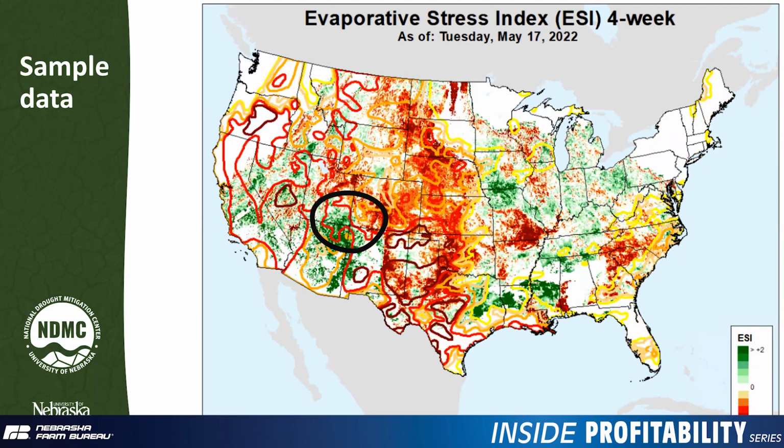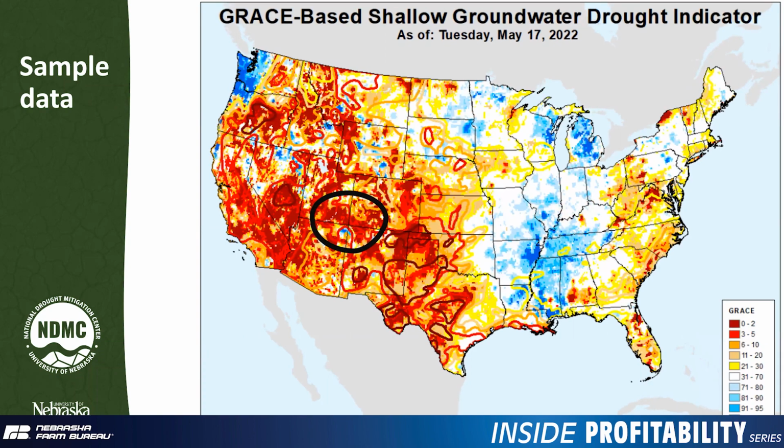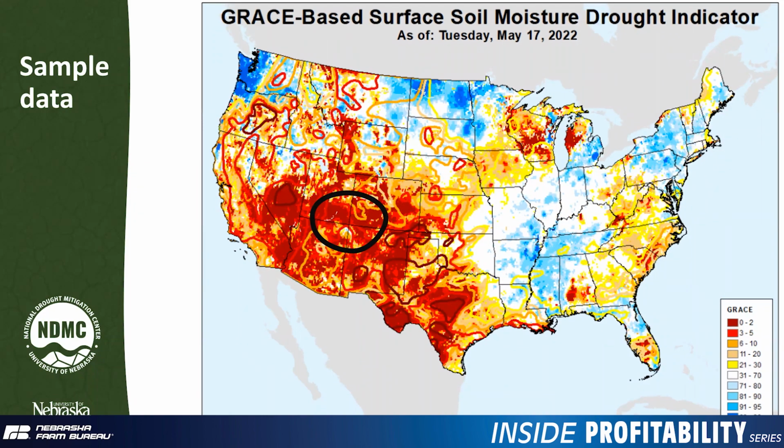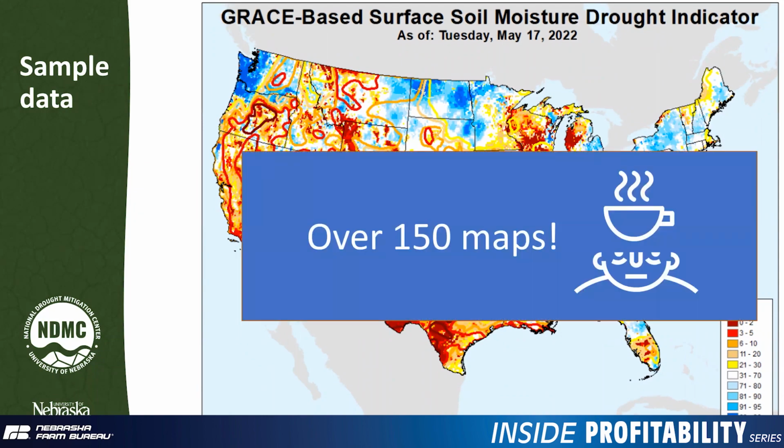Evaporative stress, another evapotranspiration-based product, and groundwater, both from in situ values from USGS, but also from satellite from the NASA product called GRACE. So we're looking at the root zone, we're looking at the total soil column, and in all it's 150 maps. So I'll spare you showing you all 150, but suffice it to say, we're looking at just about everything out there we can get our hands on, and we're bringing it into the computer system so that we can overlay those squiggly lines in the background.